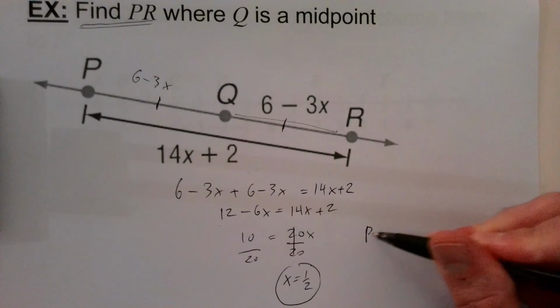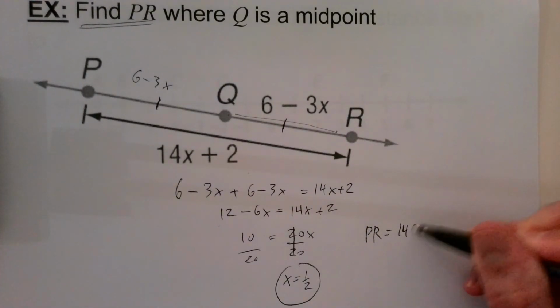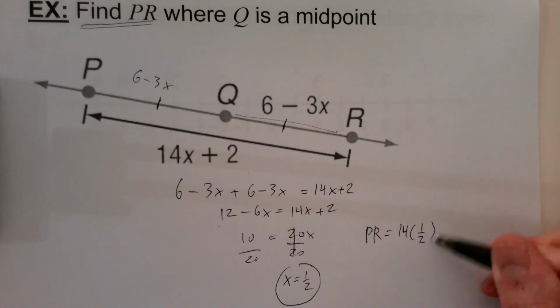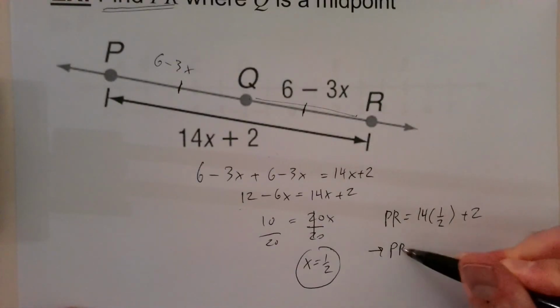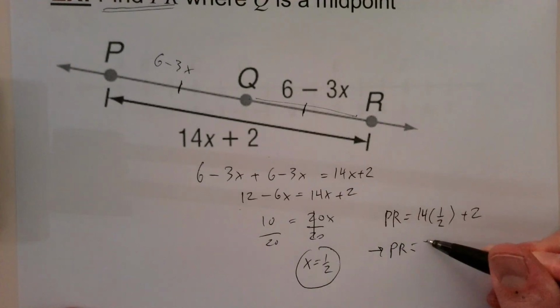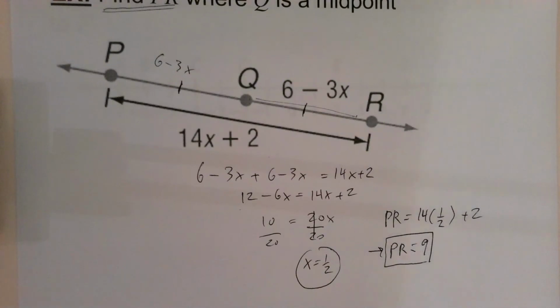So PR equals 14 times whatever x is plus 2. That means PR is 7 plus 2, which is a 9. So be really careful that you answer the question that they ask you. They will try to trick you. I know that's annoying, but you just have to carefully read those directions.